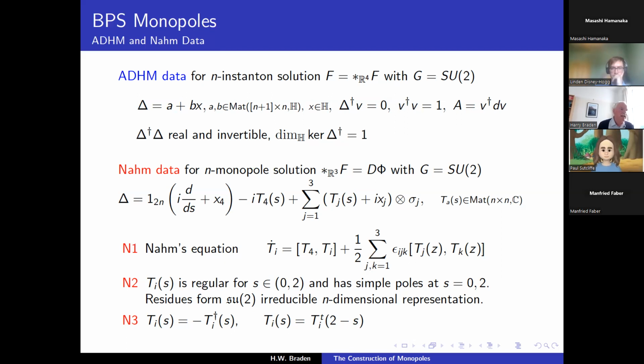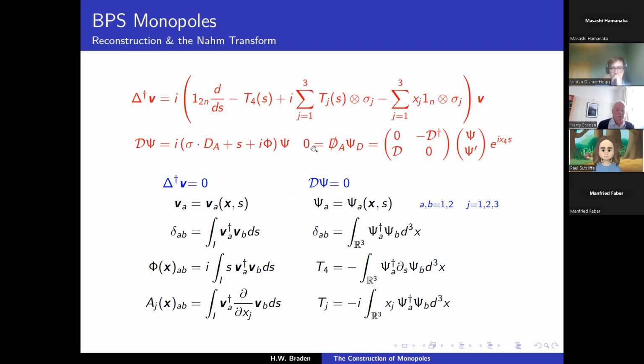How do we go from that to construct a monopole? Well, we have this equation. It's an ODE. We look for its solutions. The normalizability then becomes: I integrate over the interval. So the interval here is 0, 2 or minus 1, 1.